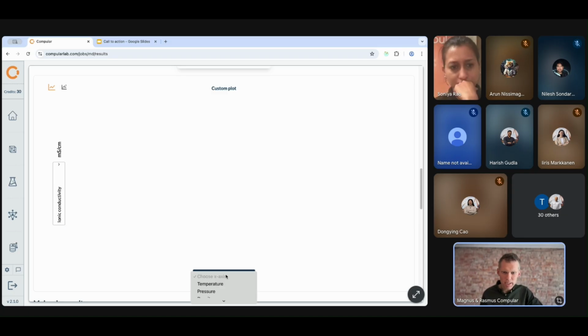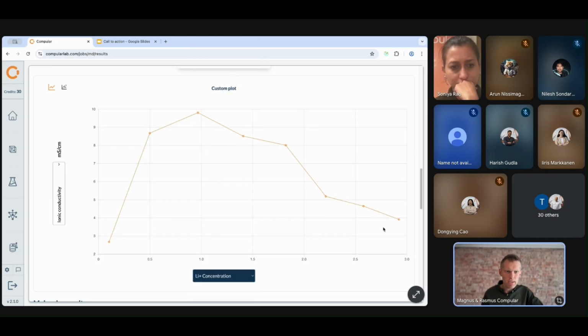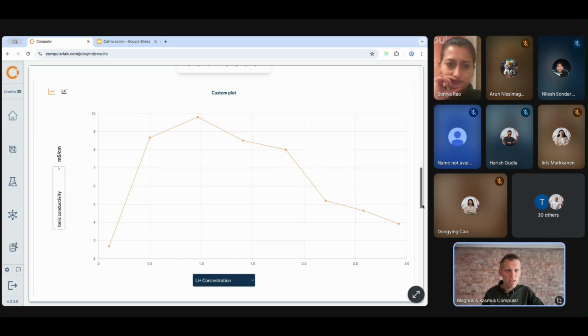So ionic connectivity as a function of lithium concentration would make sense. Here you get the same plot as you saw in the beginning. This is also under development, so there will be a lot more here as we learn what customers need.